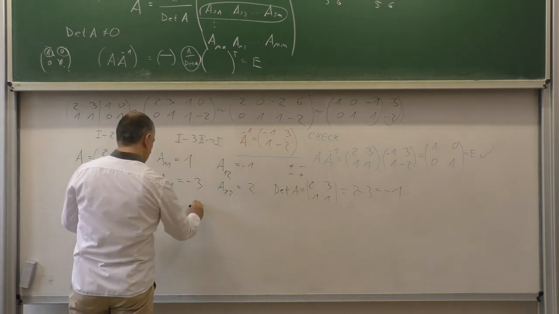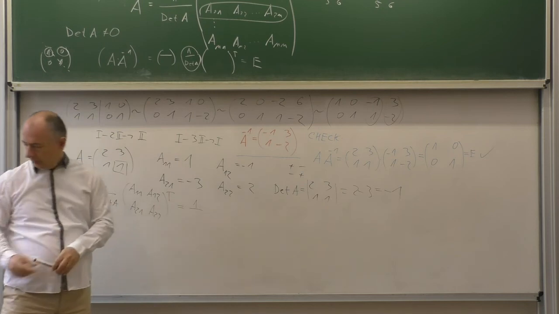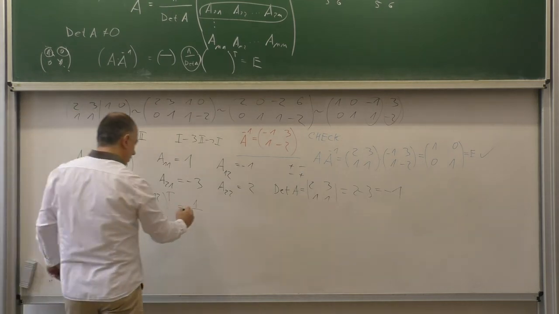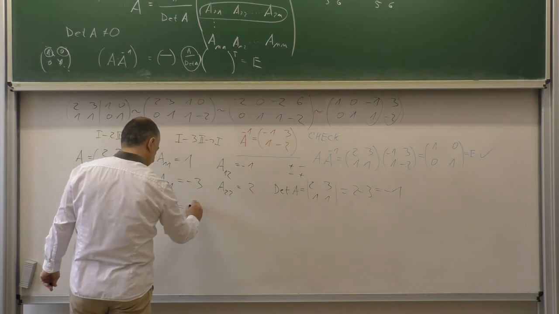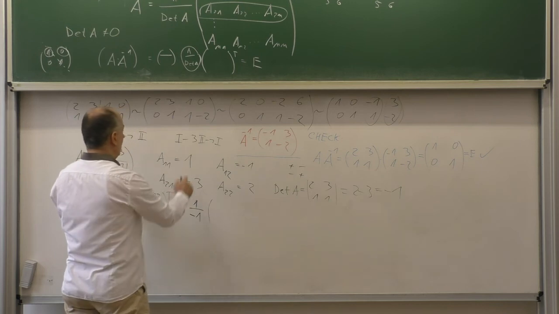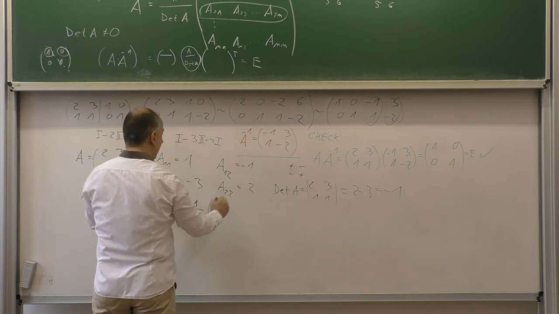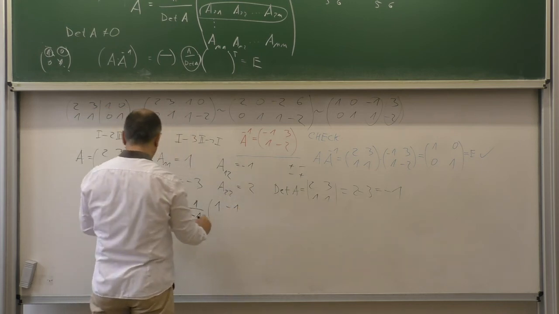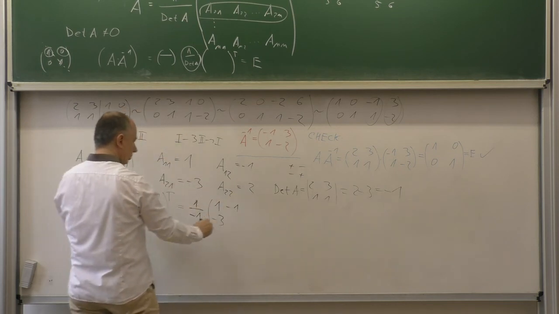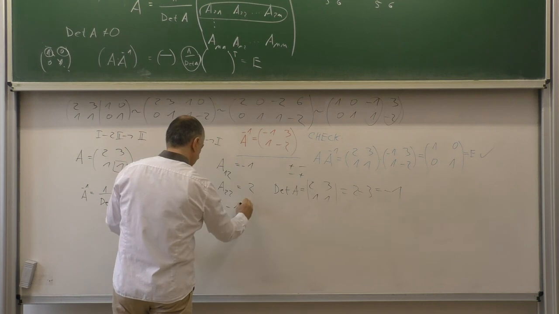So we have 1 over -1 times A11 is 1, A12 is -1, A21 is -3, and A22 is 2, and transpose of that.